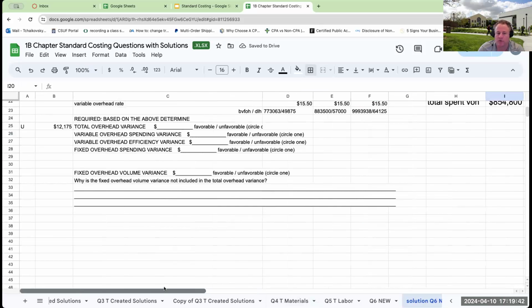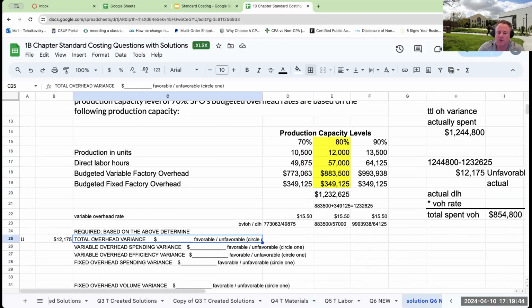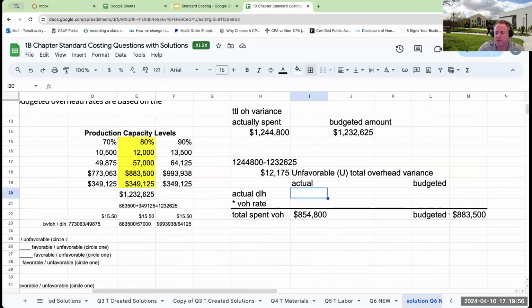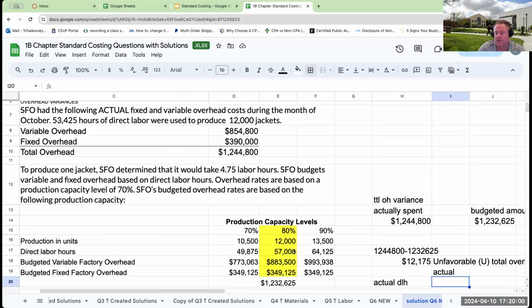Well, I first compute the total overhead variance. Then I'm going to figure out what my spending and efficiency variances are. And then we'll figure out the fixed factory overhead variance. So to figure out the actual direct labor hours, I need this to make the internal comparisons.